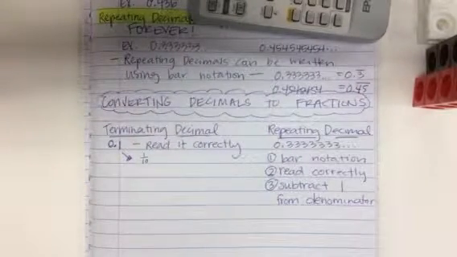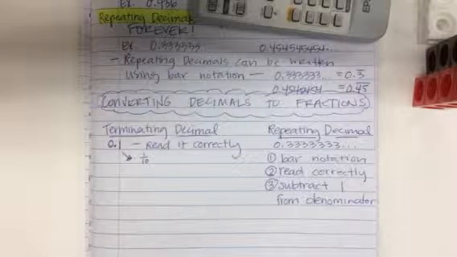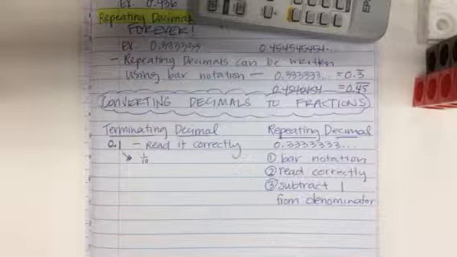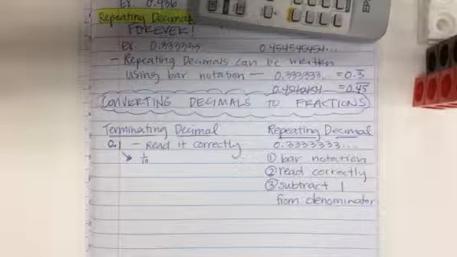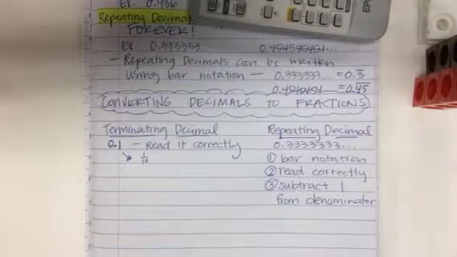That's the rule. If it's a repeating decimal, you write it in bar notation, then you read it correctly. And whatever the denominator is, you subtract 1. If it's 10, you subtract 1. If it's 100, you subtract 1.